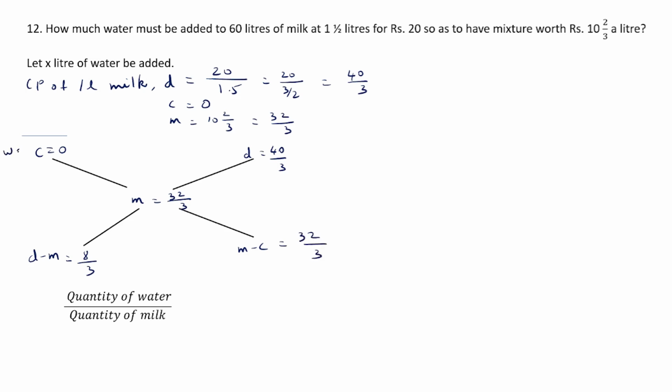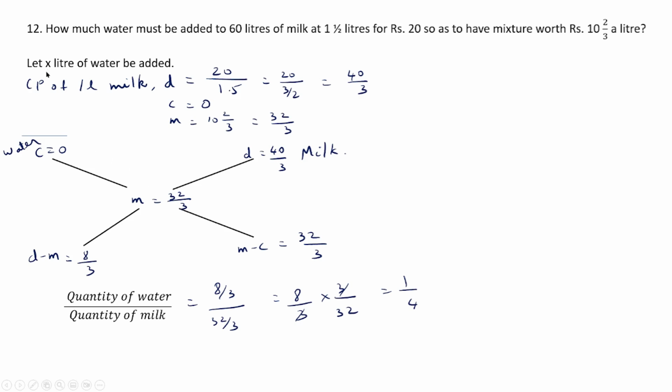So this side we have water and this side we have milk. So the ratio of water to milk is 8 by 3 is to 32 by 3. So this is 8 by 3 into 3 by 32, which is 1 by 4. So the ratio of water to milk is 1 by 4.